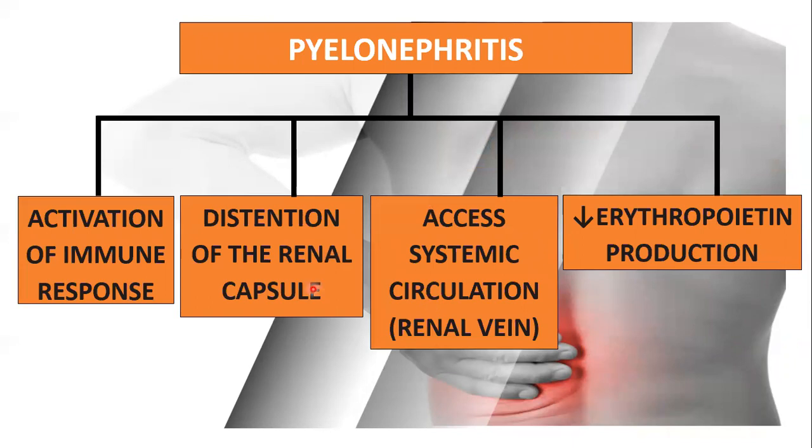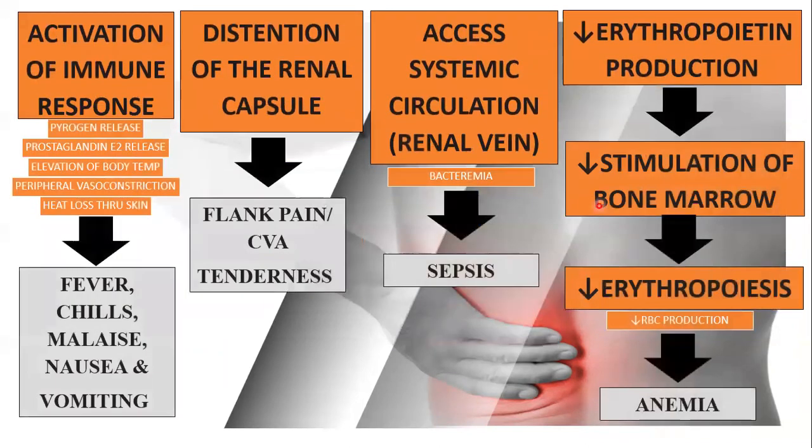Pyelonephritis would cause four responses from our body: the activation of an immune response, distension of the renal capsule, access to systemic circulation, and a decrease in erythropoietin production. We'll be discussing this one by one.